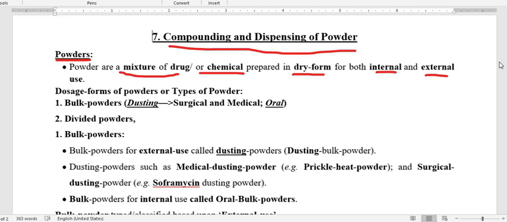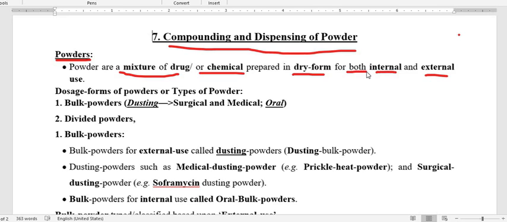So powders are finely divided granules in dry form and used for both internal and external purposes. This is the definition.